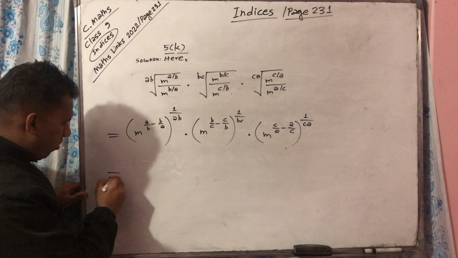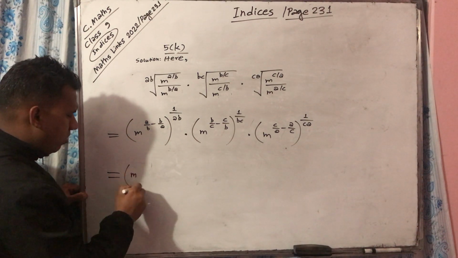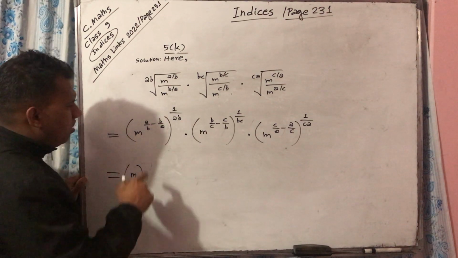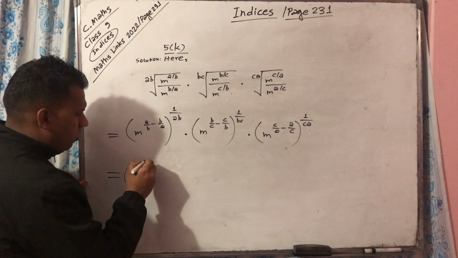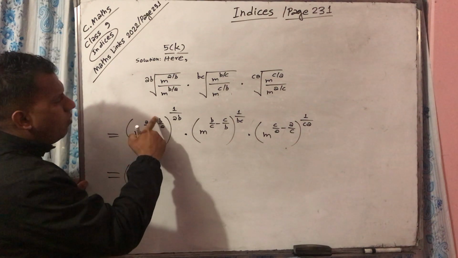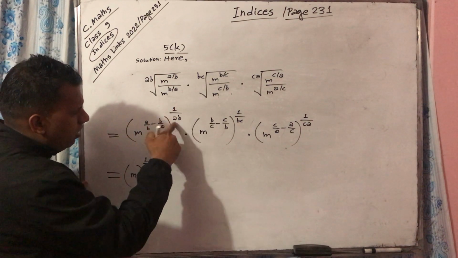Now first power multiply with second power. M to the power a by b into 1 by ab. In this case, a cancel, b into b multiply each other. So 1 by b square. Minus b by a multiply with 1 by ab. B cancel, a into a square.